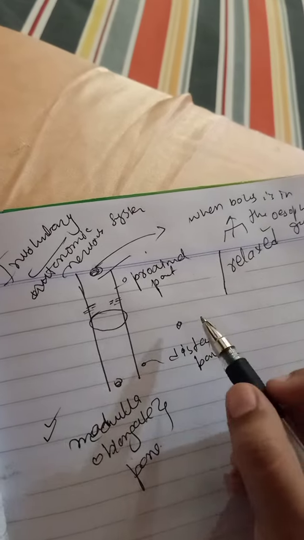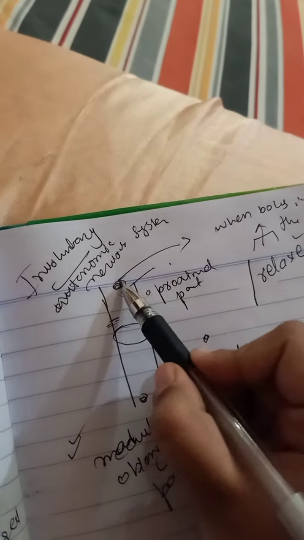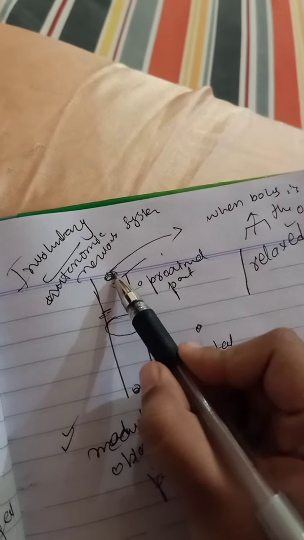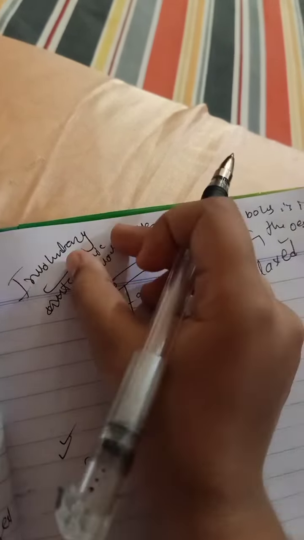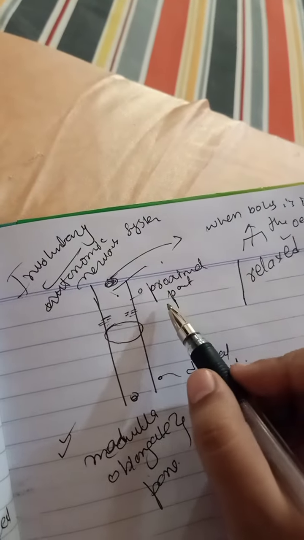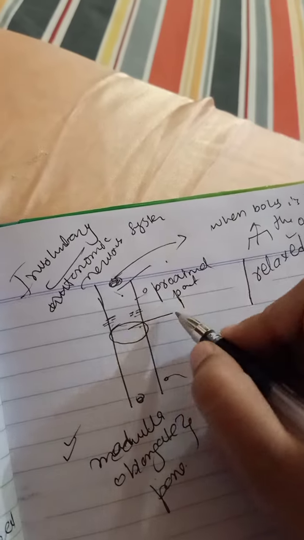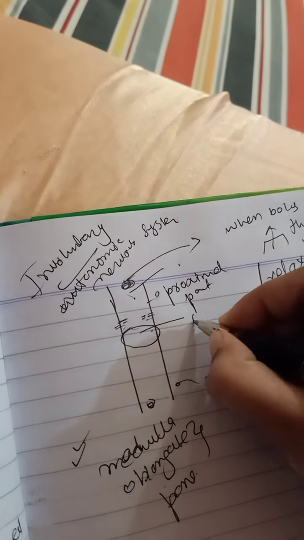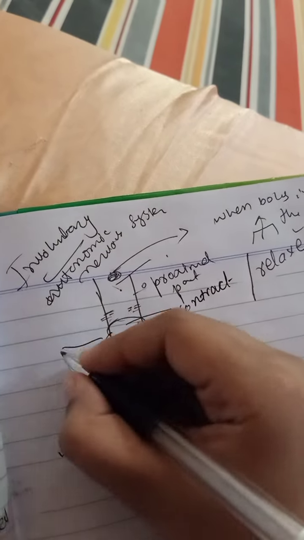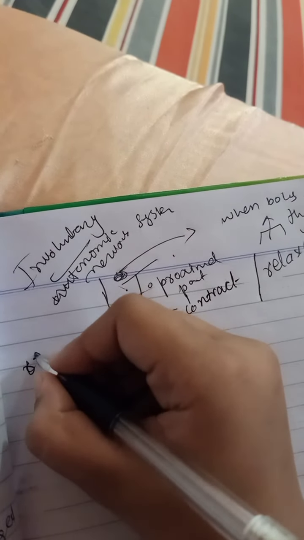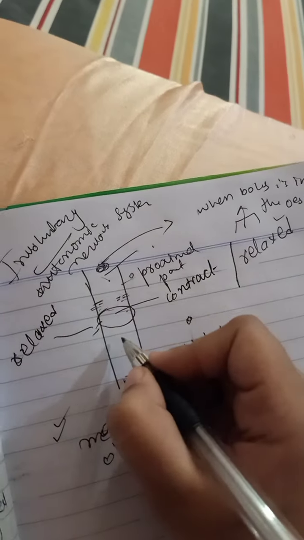When the food is inside the esophagus, first of all the superior sphincter gets relaxed when the food is coming. The circular muscle contracts, and the outer, the longitudinal muscle, gets relaxed. And the bolus is now here.